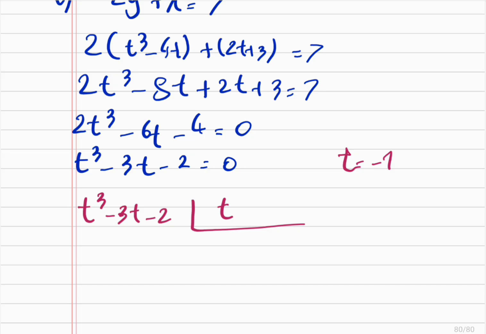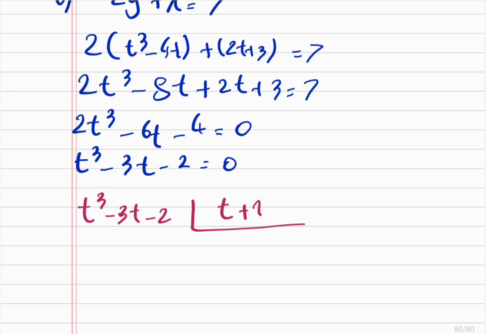So the solution is -1, but minus -1 is +1. When you have a bracket, t plus 1 is equal to 0, and when you solve that, you get t is equal to -1. So that's the reason that we reverse the sign here. It's just like rearranging and having t plus 1 is equal to 0. So that's why we divide by t plus 1.